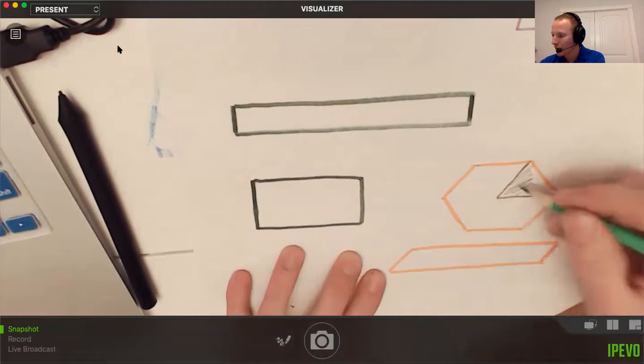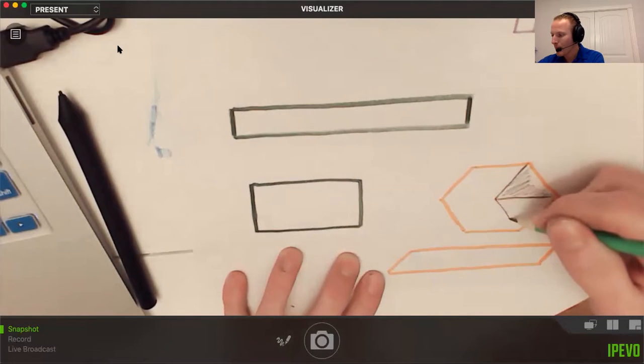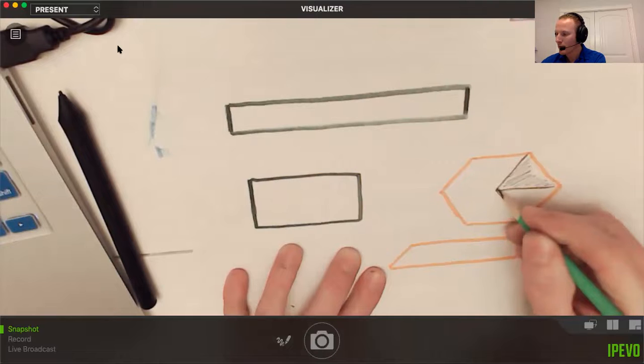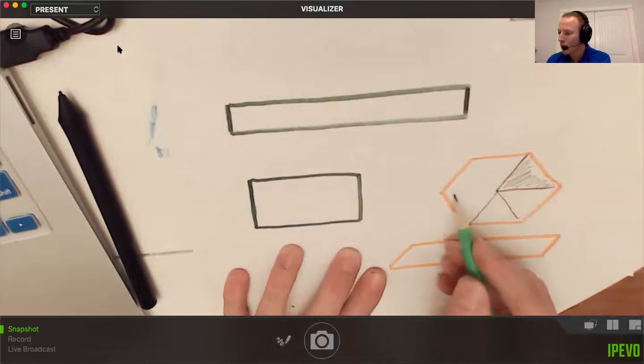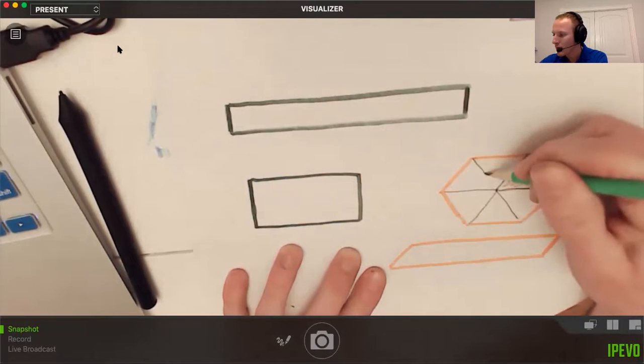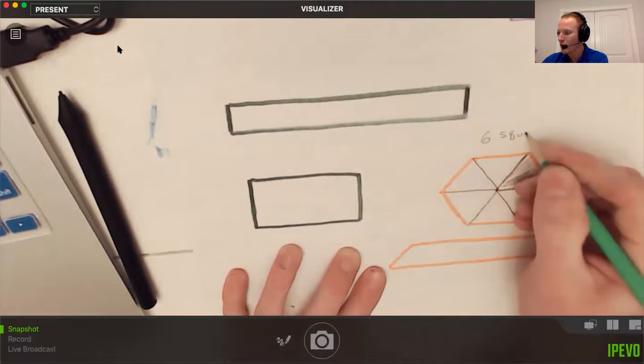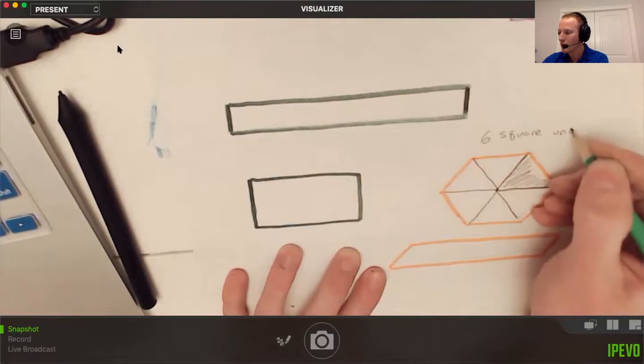So in this case, I'm going to continue drawing triangles all the way around to find out that it's 6 square units.